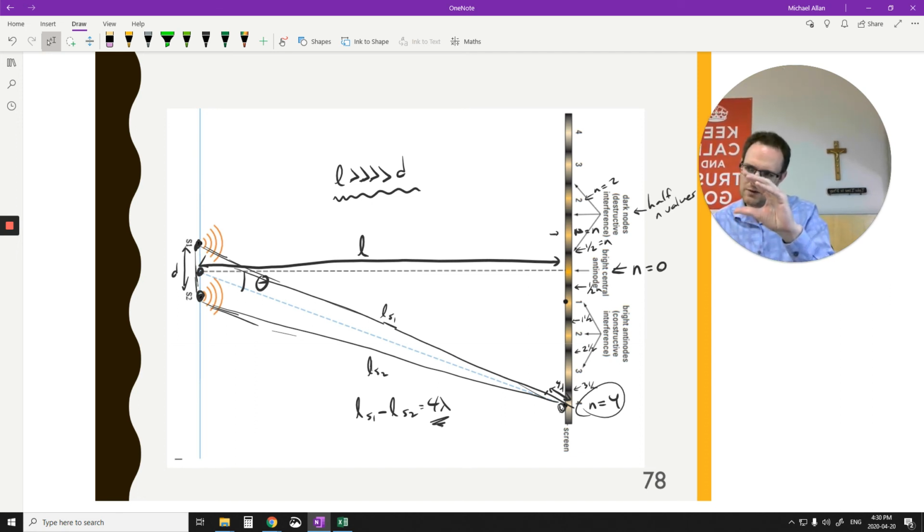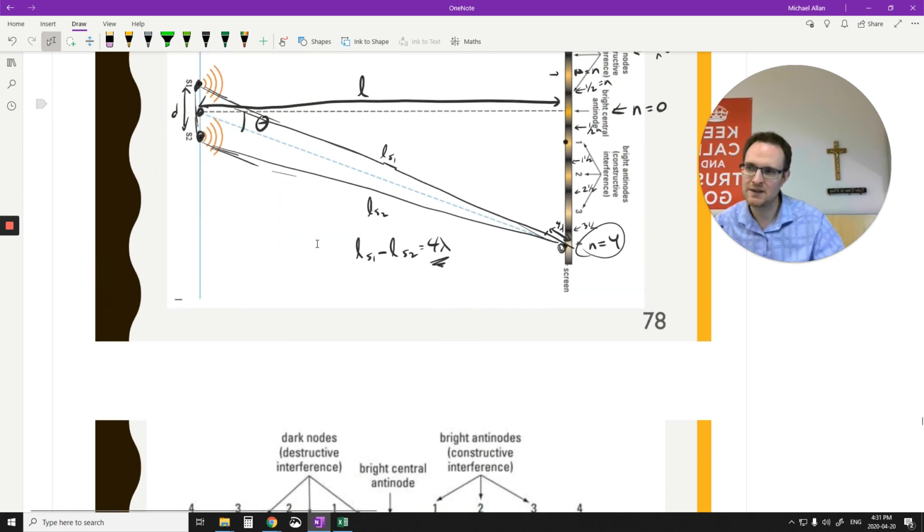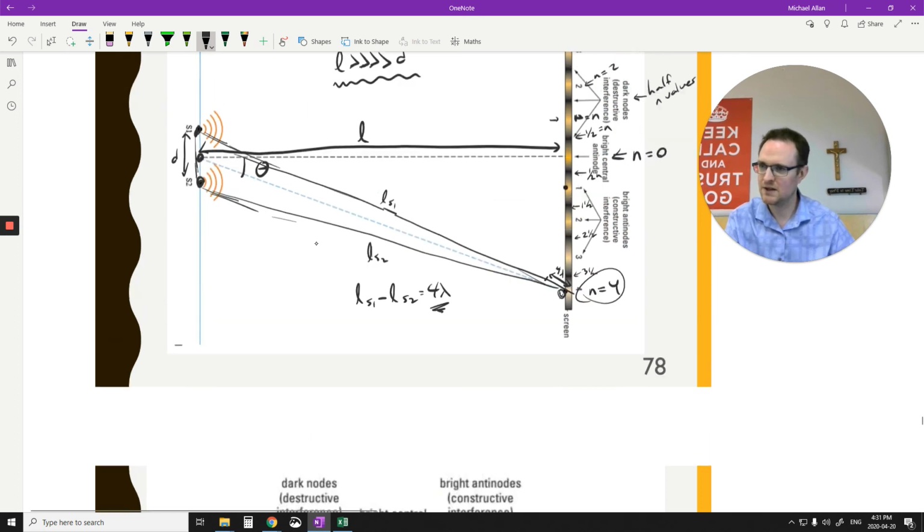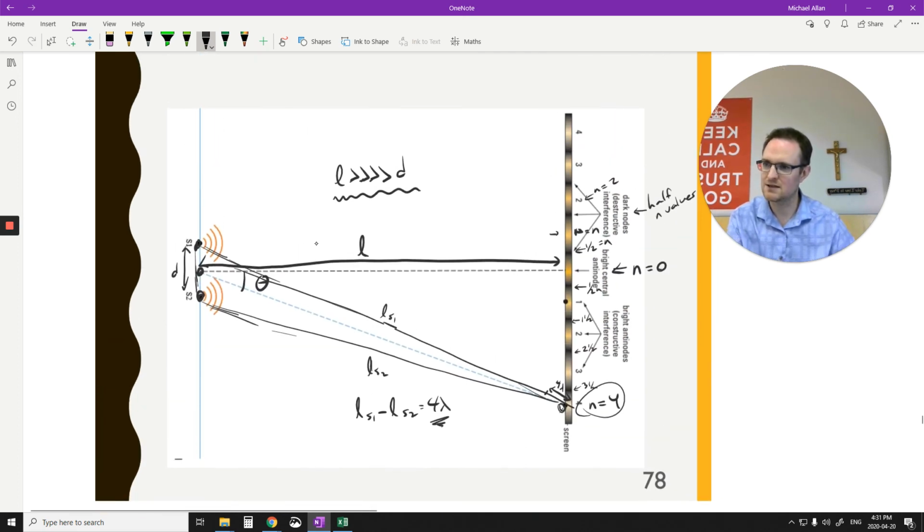They get so close to being the same length that you can almost consider them to be parallel to each other. That's pretty important for creating the formula: if L, this distance going across, is much bigger than D, we can almost assume LS1 is parallel to LS2.